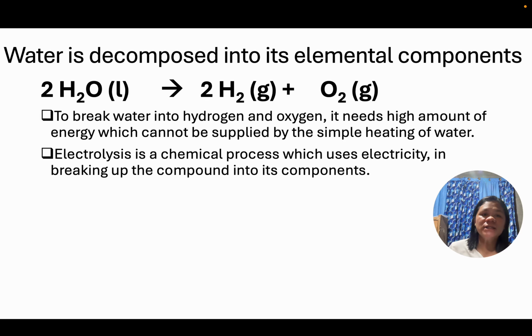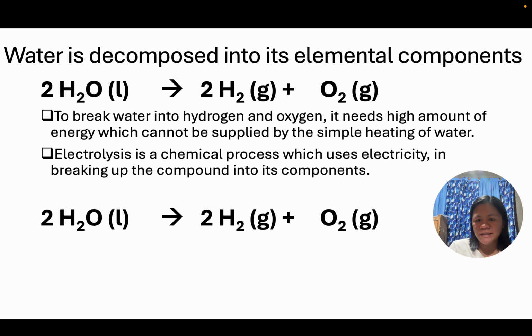It is a chemical process which uses electricity in breaking up the compound into its components. So again, this is our equation, but take note, on the arrow part, it needs electricity. Without it, it cannot be broken down into hydrogen and oxygen.